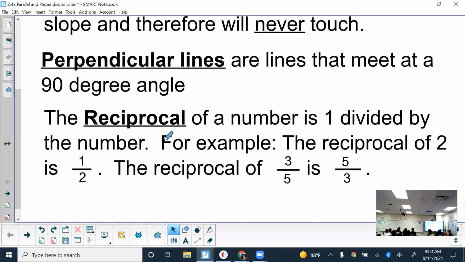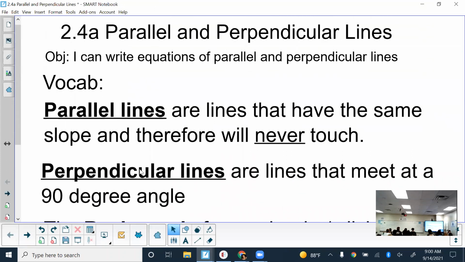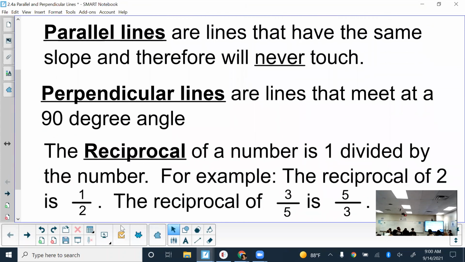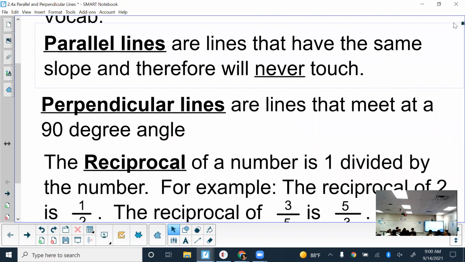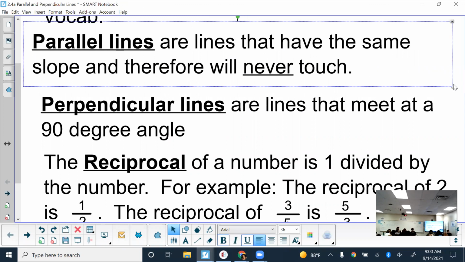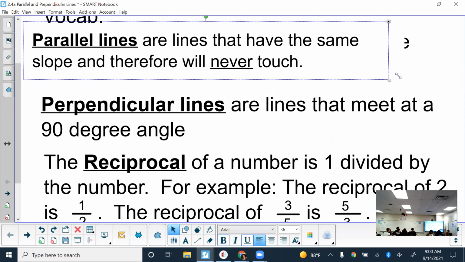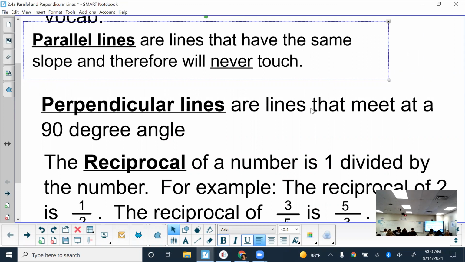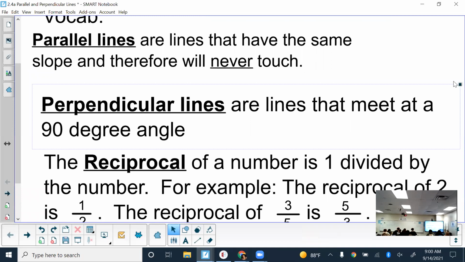So here's the vocab that you need to copy down. So you can start copying it down and then I'll explain. But we have parallel lines are lines that have the same slope, but they never touch. So they are lines that have the same slope, therefore they will never touch.